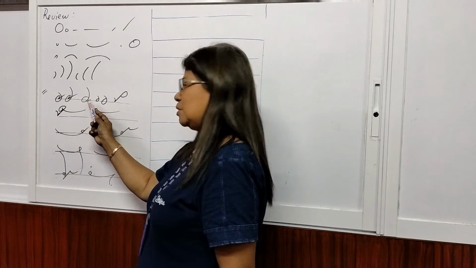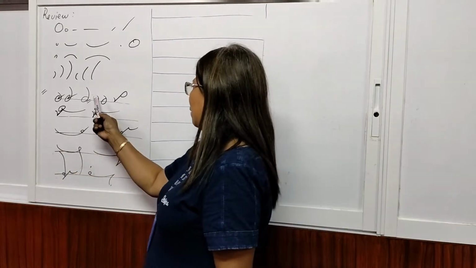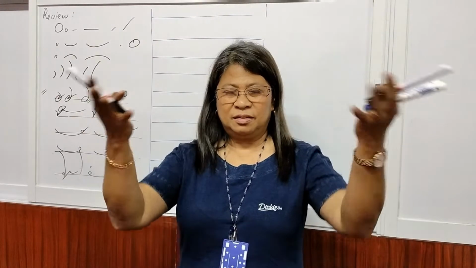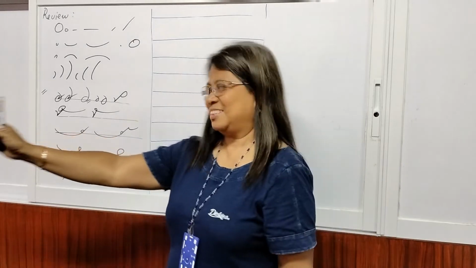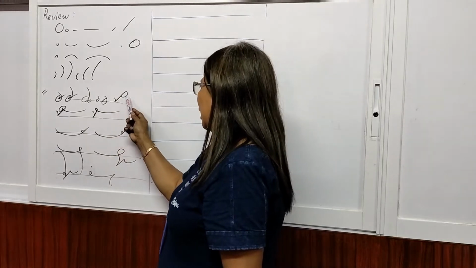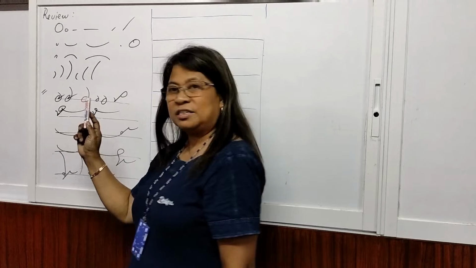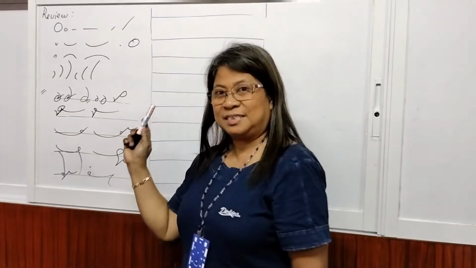Then we have F-I-T for fight. F-A with a capitalization sign for Faye, that means Faye is the name of a person. Then we have S-E for see, also in relation to vision, and sea, like the seashore. Then we have S-A for say, S-T-A for stay, S-T-I-L for style, S-T-E-E-L for steal.